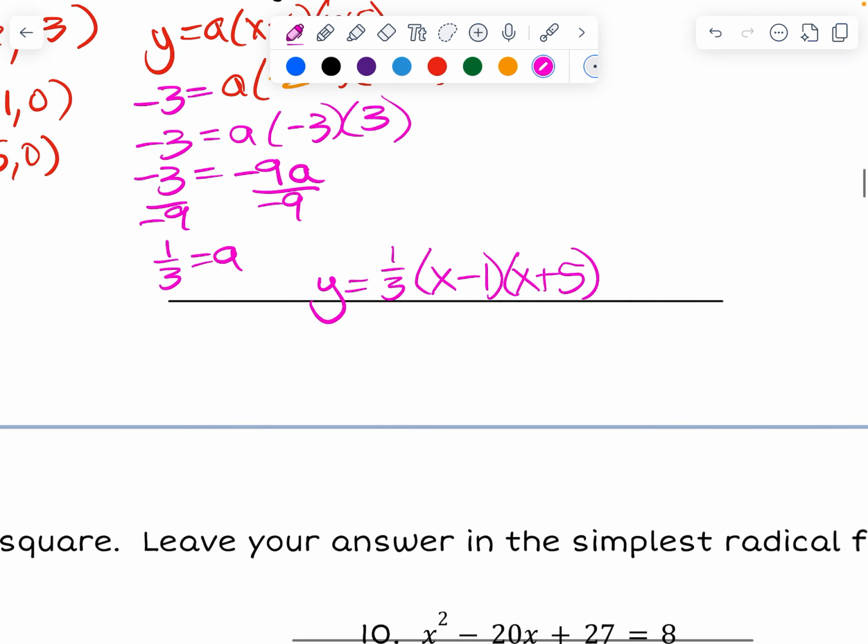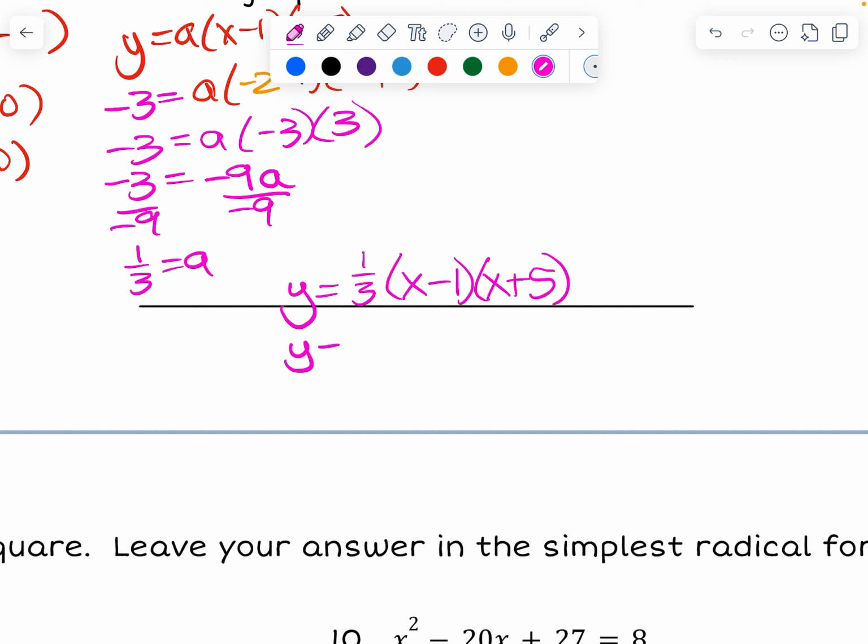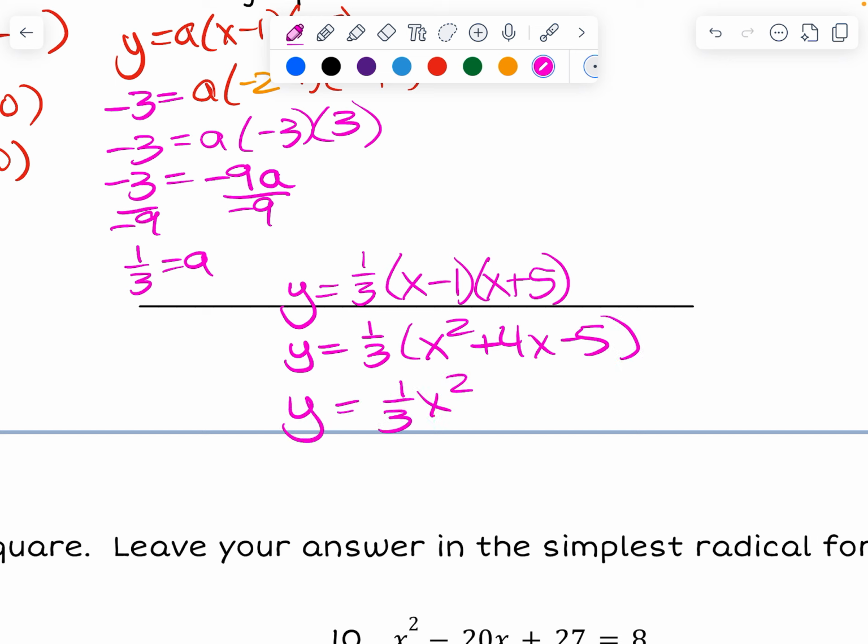If you want it in standard form, I would multiply that out, and I would get x squared plus 4x minus 5, and then multiply that 1/3 through. And there we have it.